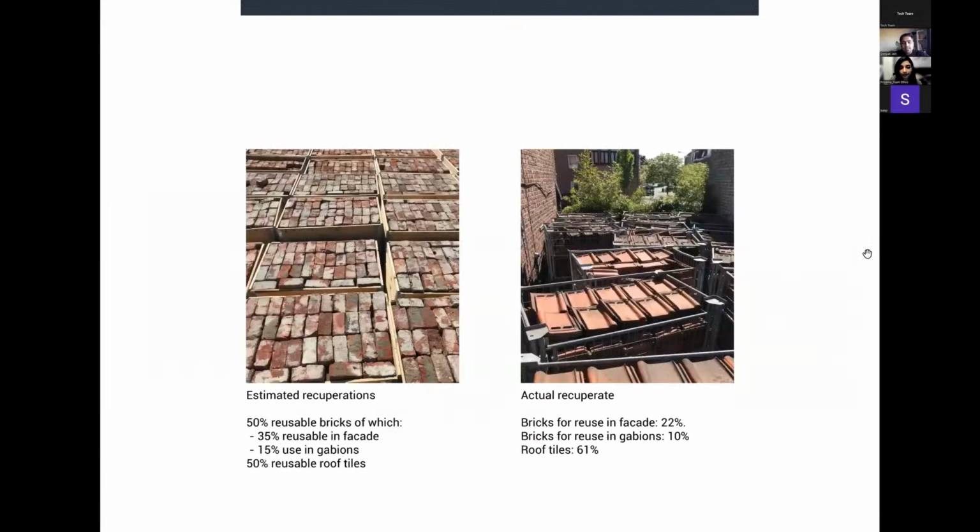The estimated recuperation of these bricks and roof tiles was around 50%, but due to the contractor putting in a lot of effort, we could reuse around 32% of the bricks and 61% of roof tiles, which I still think is a decent effort by the contractor.